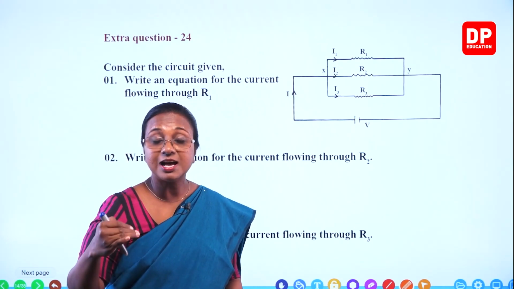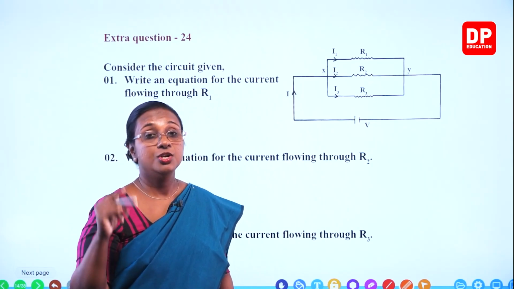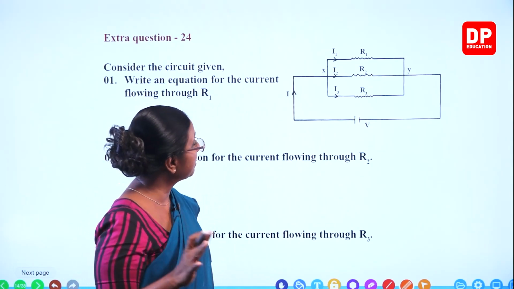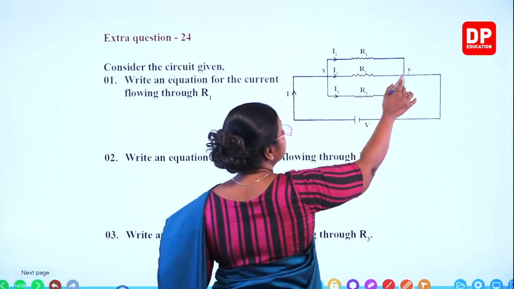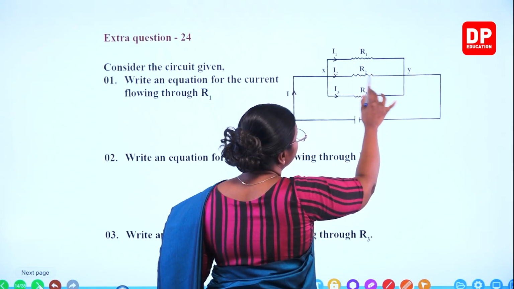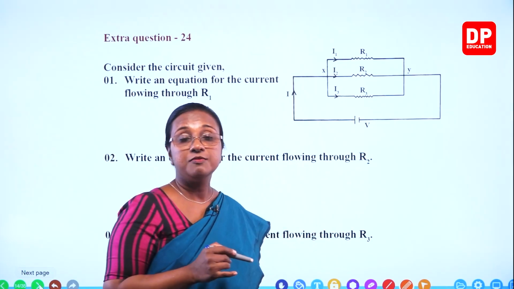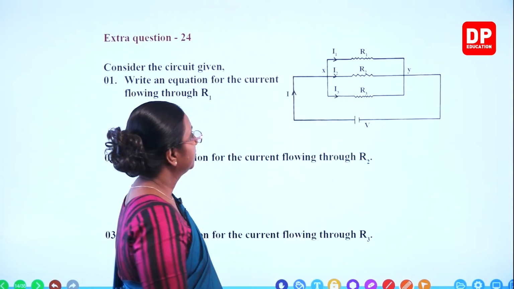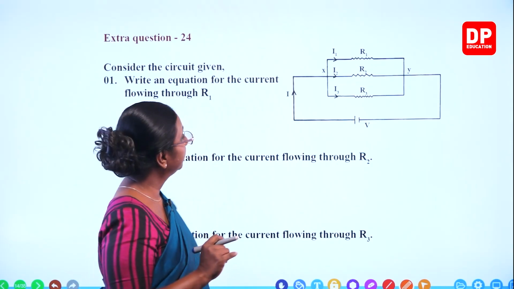If the resistances are equal, then the current is also divided equally. So those are the things that you have to remember when answering a question like this. And again, at this point, all the current that is flowing through R1, R2 and R3 combine, and the total current will flow back to the battery. So those are the information that you can get from the diagram.